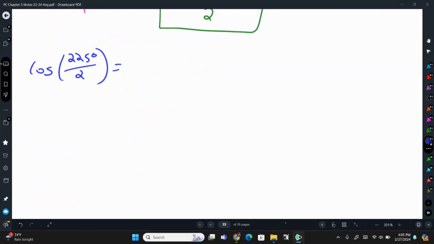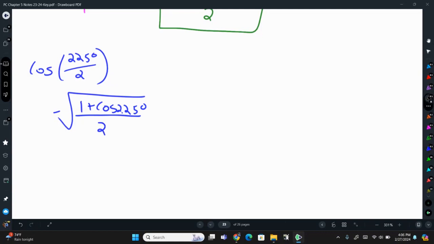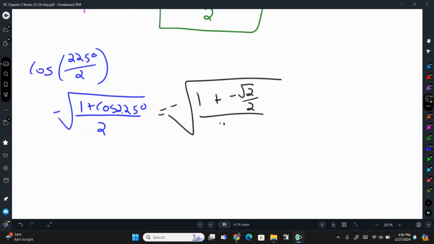So this is going to be, let's do it down here, negative square root of 1 plus cosine of 225 degrees over 2. So equals negative square root of 1 plus negative square root of 2 over 2, because that's what the cosine of 225 is, over 2. Multiply the top and bottom by 2.